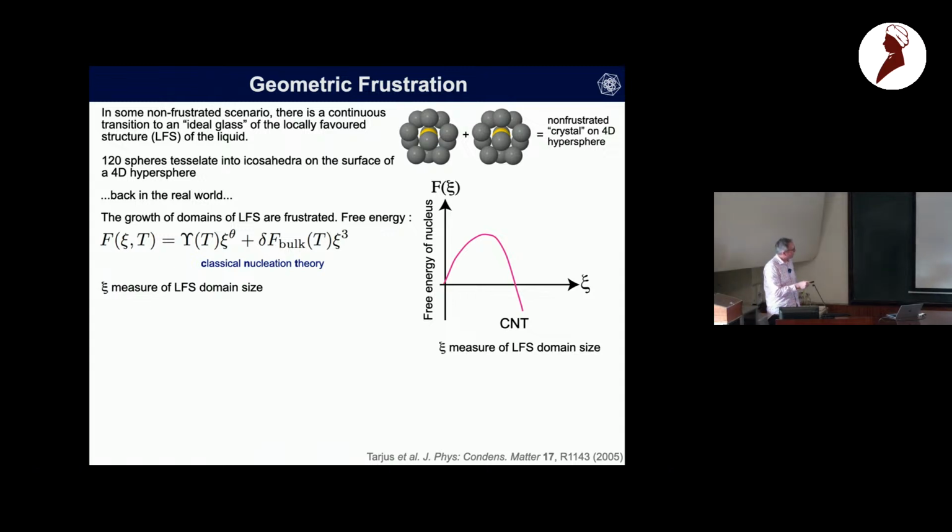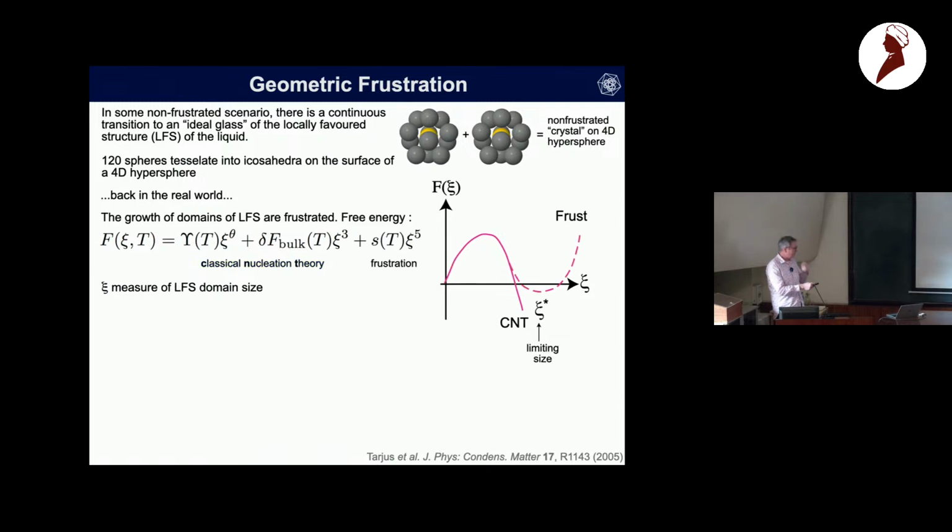But imagine they did, and you drop the temperature of the system, and it would crystallize into a set of icosahedra. It turns out this does happen in the case of 120 spheres on the surface of a 4D hypersphere. So that's what we'd expect in that particular case, and we could look at it, for example, with classical nucleation theory. We'd look at the size of some crystal, as it were, of icosahedra.